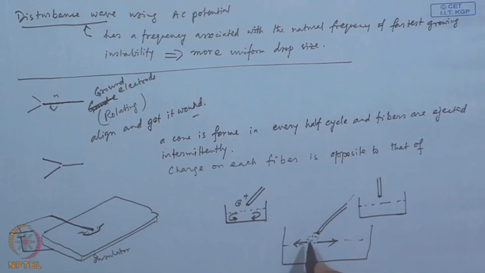Now, if this interfacial shear is strong enough, then it can overcome the viscous force, and there would be a secondary circulation forming within the liquid. This electrode is referred to as the corona electrode, and there would be such circulation forming.